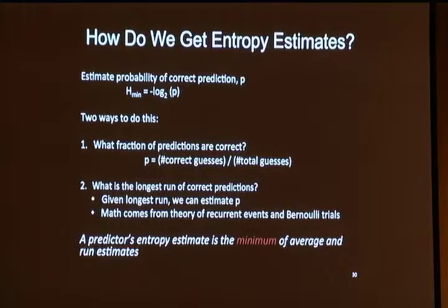So we check the correct predictions and the length of the longest run of predictions, and then we can also estimate a probability value from this length of the longest run. We take the minimum value of these two estimates to estimate the entropy.